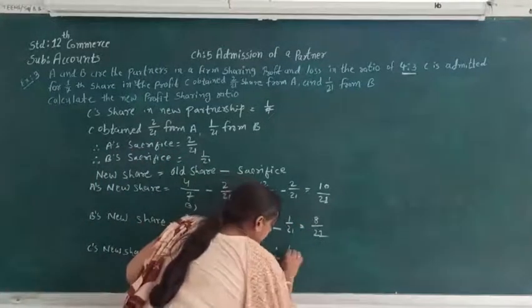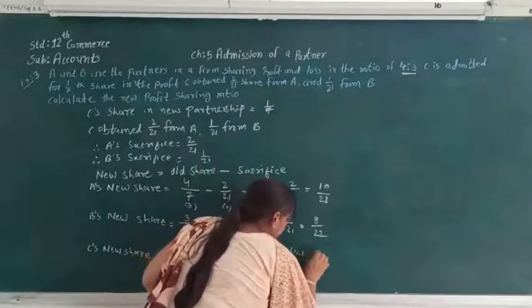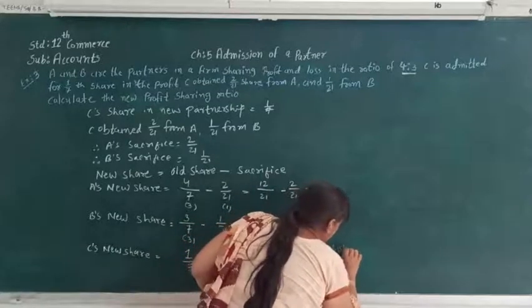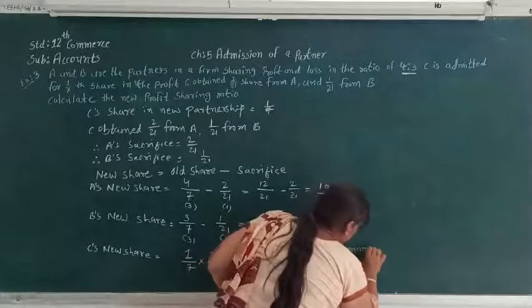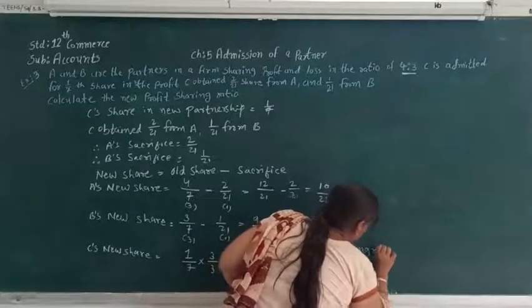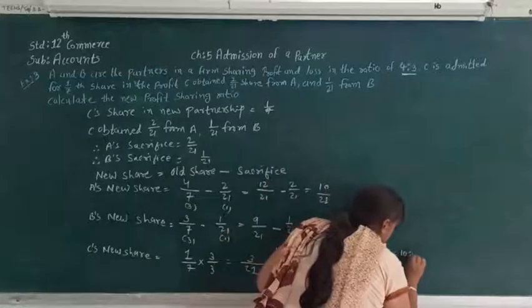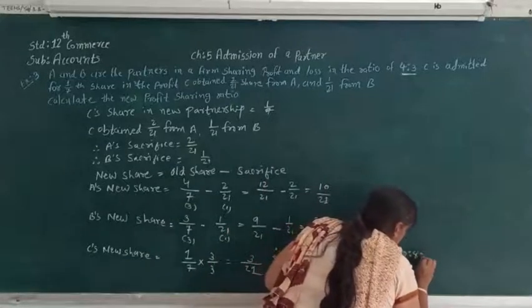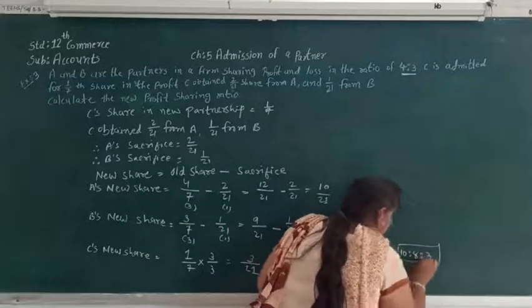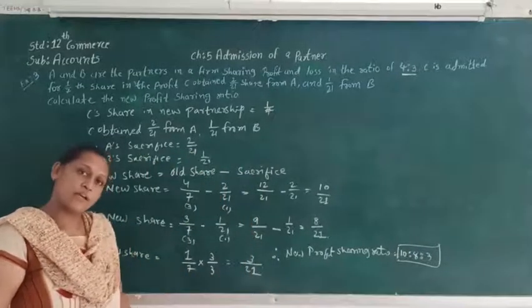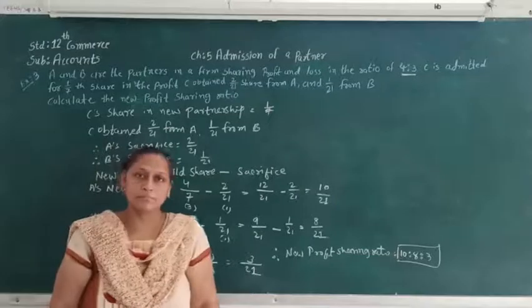Therefore, new profit sharing ratio is equal to 10:8:3. So this is our answer. You may note down this in your notebook. Then we are going to see the next sum.